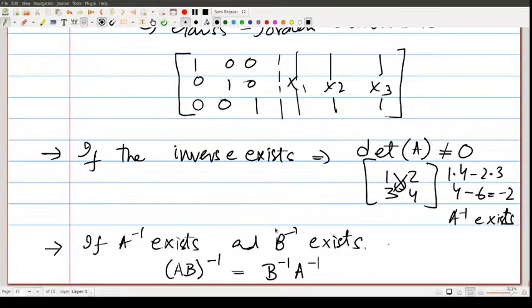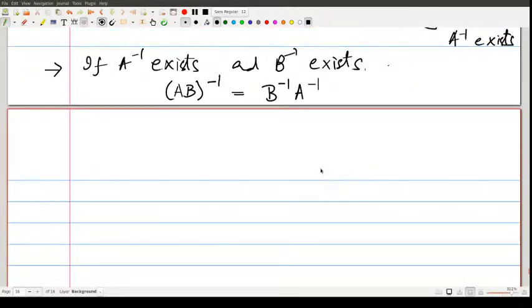So if A inverse exists and B inverse exists, then AB inverse is equal to B inverse A inverse.